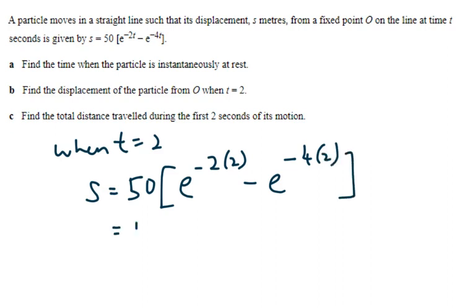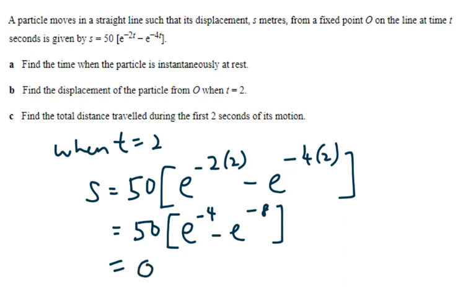So you will get 50 (e^(-4) minus e^(-8)). Put all the values in the calculator. You should be able to get your answer as 0.899, 3 significant figures.